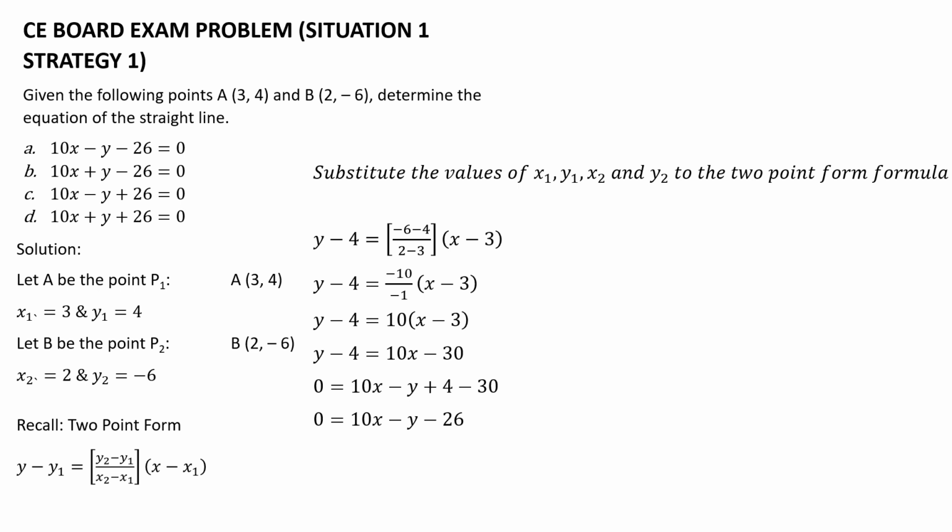And then we have the equation as 0 equals 10x minus y minus 26. Simplifying it again, we have our final answer in its general form as 10x minus y minus 26 is equal to 0. And therefore, our answer to the given CE board exam problem is letter A, 10x minus y minus 26 is equal to 0.